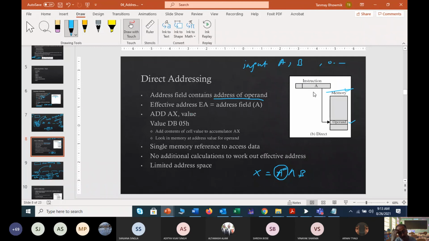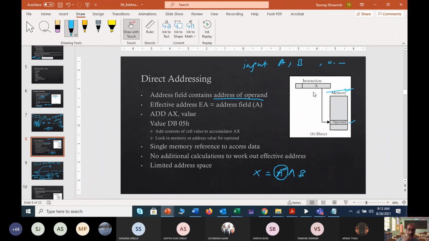My suggestion is that, if possible, you take 10 to 15 minutes today and read once through immediate addressing and direct addressing. It will take hardly 10 to 15 minutes.